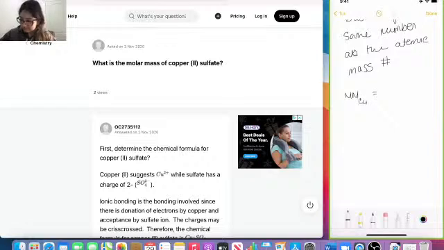And you know how you find atomic mass? It's the number of protons and the number of neutrons in the nucleus of that element. The molar mass of one copper atom is basically 63.546 grams per mole.